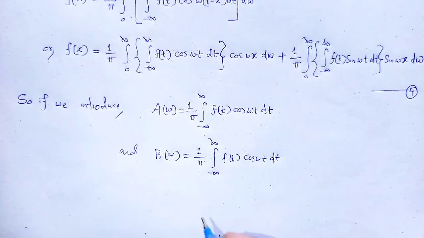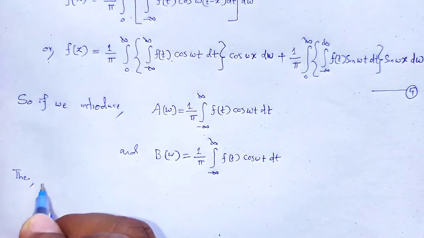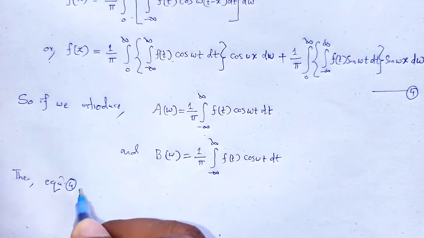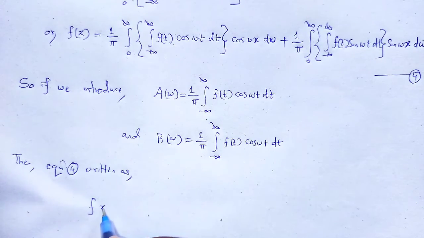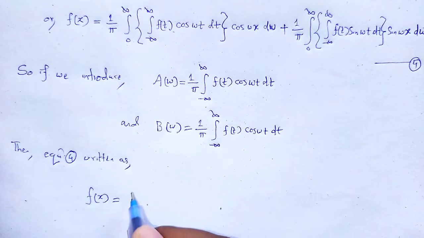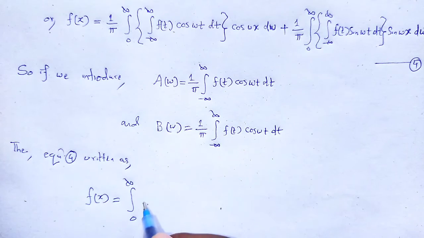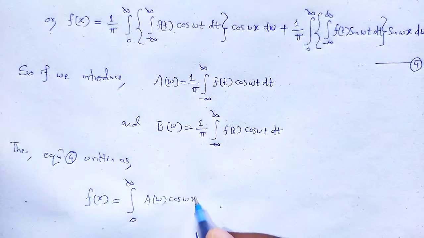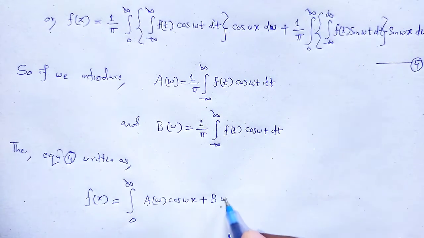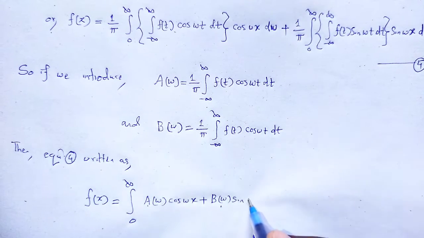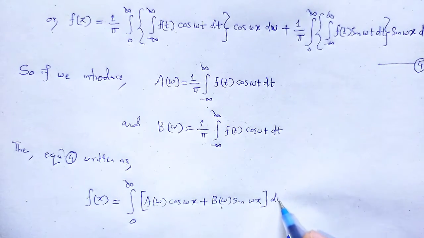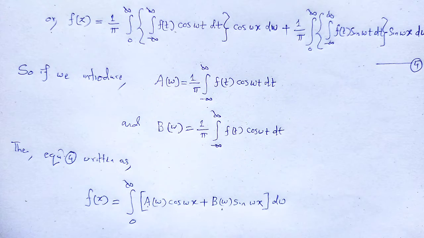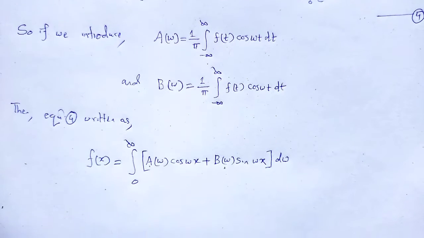Equation 4 is written as the given function f of x is equal to integration from 0 to infinity a omega cos omega x plus b omega sin omega x d omega, a as a function of omega, b as a function of omega.